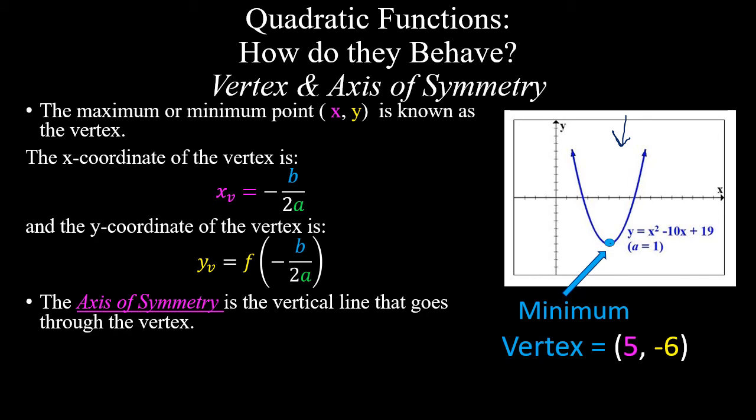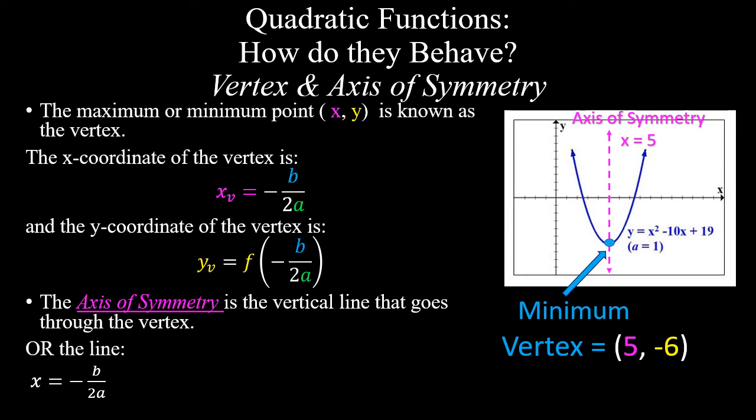The axis of symmetry is the vertical line that goes through the vertex, or the line x equals negative b over 2a. It's just this line that cuts our parabola in half. That's what the axis of symmetry is. That line is always going to go through the vertex because the vertex is like the centermost point of our parabola.